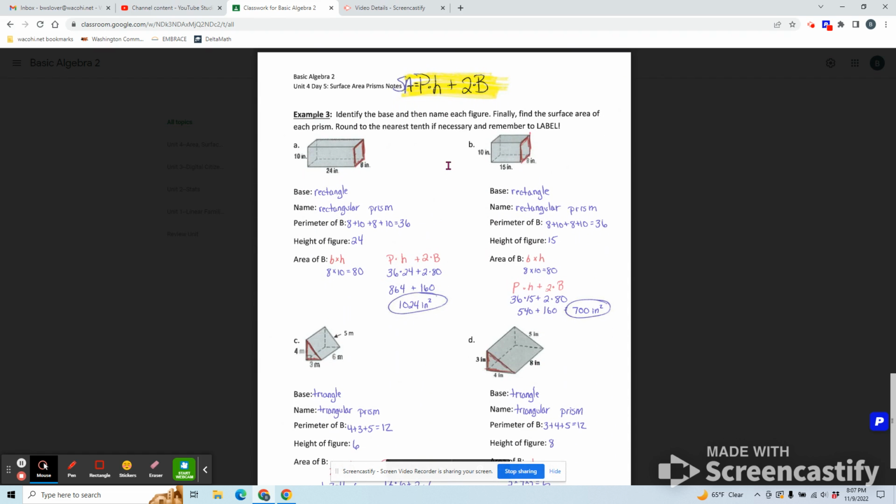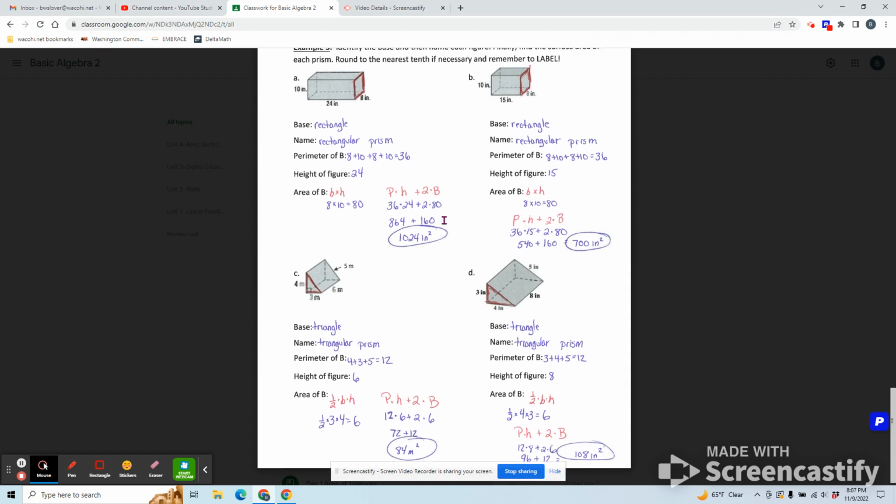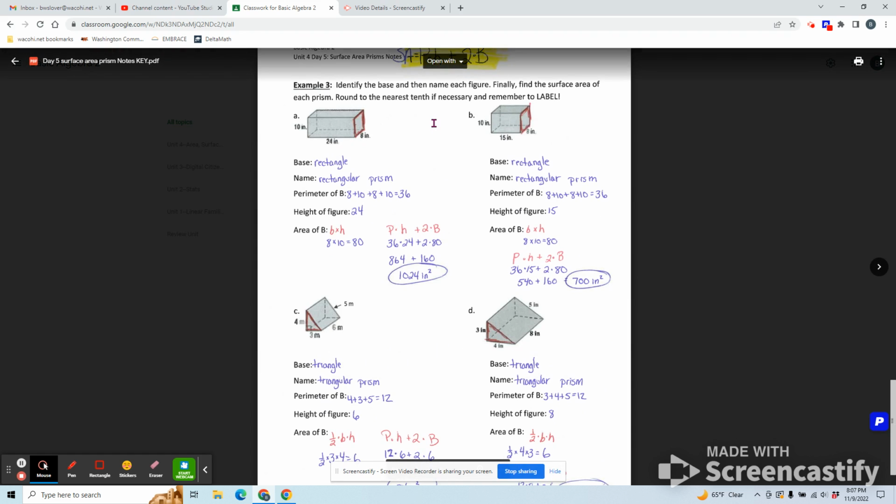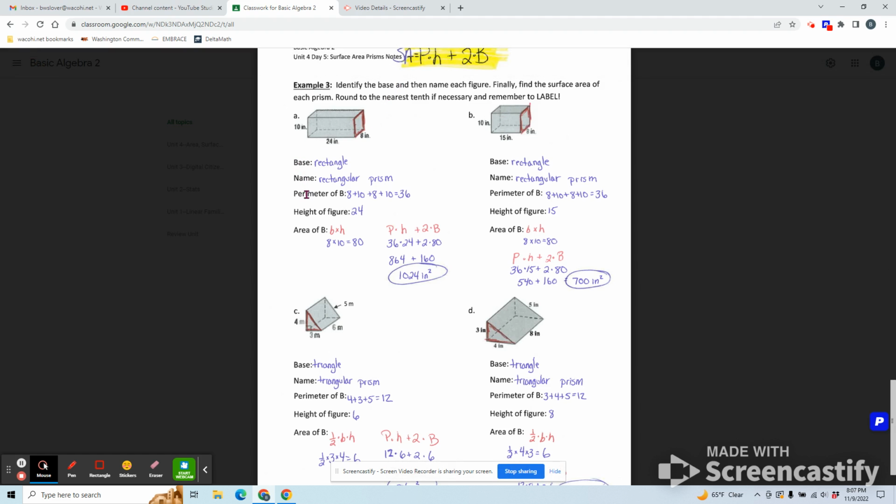So here's my formula. In all 4 of these examples, I'm doing the exact same thing. I'm trying to stair-step you into getting the correct answer. So we're identifying the base, naming it, finding the perimeter of the base, the height of the figure, the area of the base, and all of that is stair-stepping us into just plugging it into the formula for the surface area.